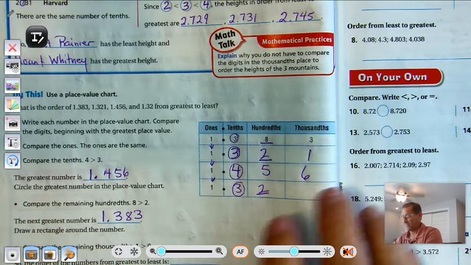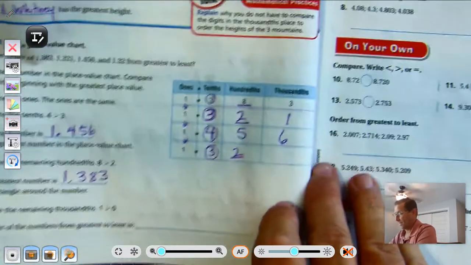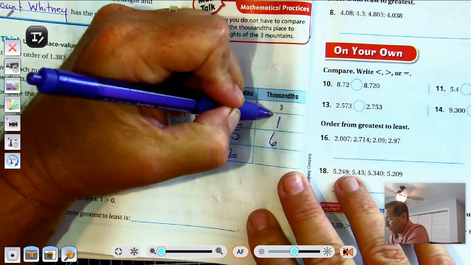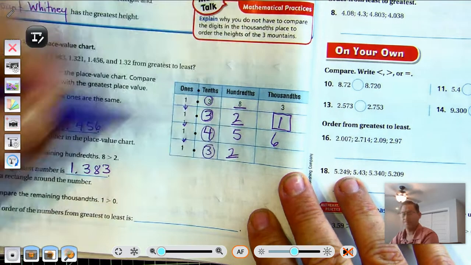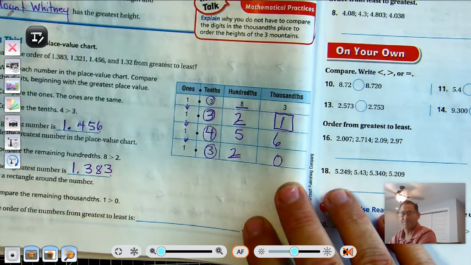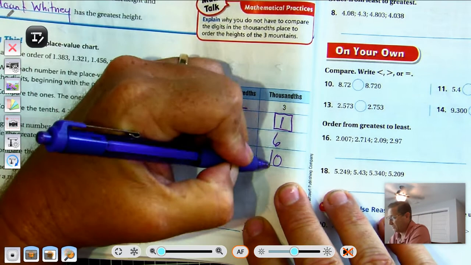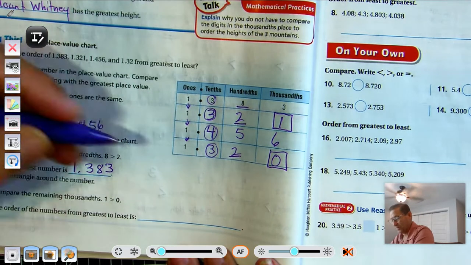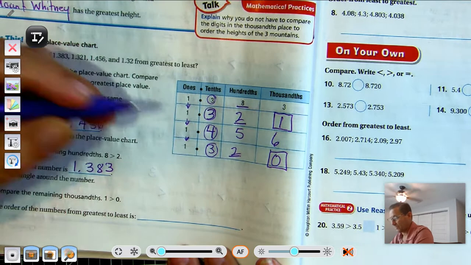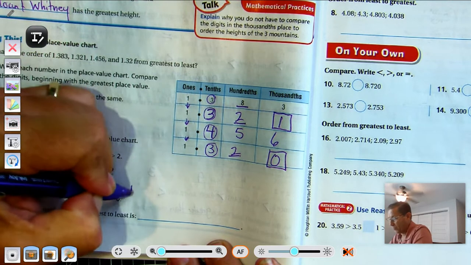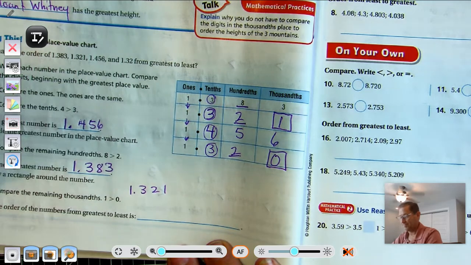All right, let's go to the thousandths. So we have 2 numbers left. We have a 1 and nothing. Well, nothing is actually 0, right? Okay, so I can put a 0 there, and 1's greater than 0. So the next one would be 1.321.